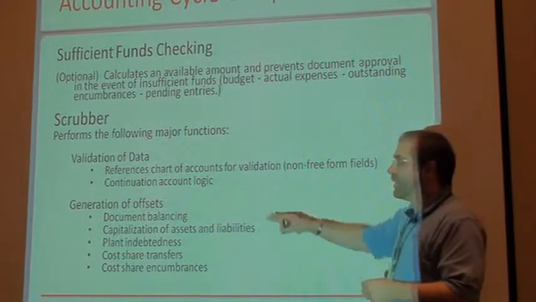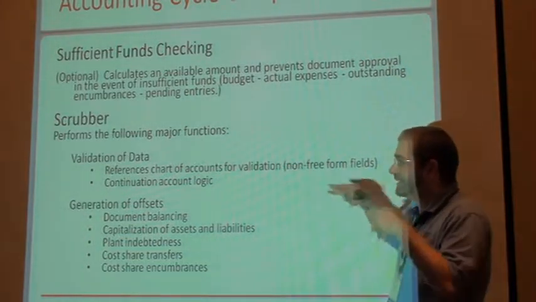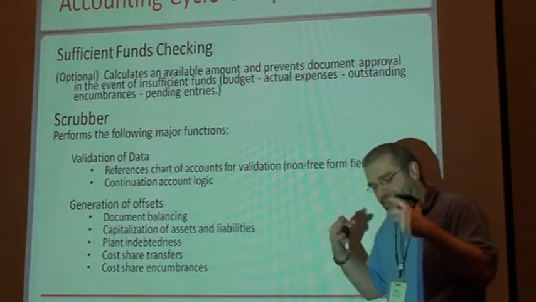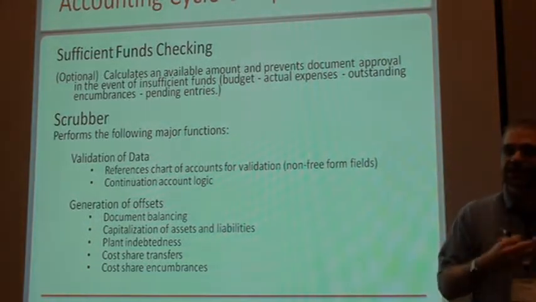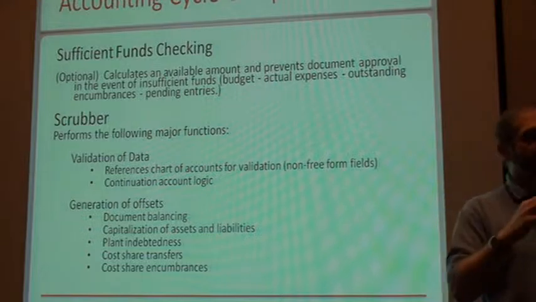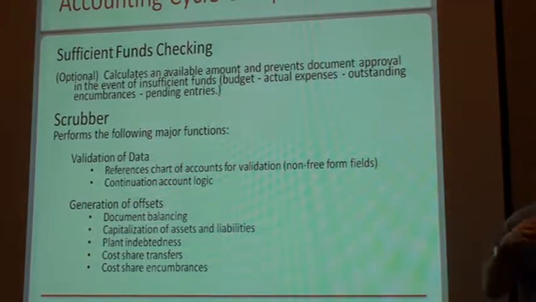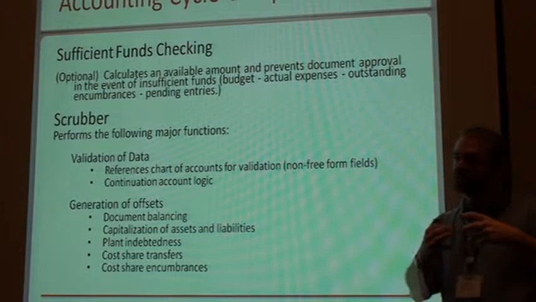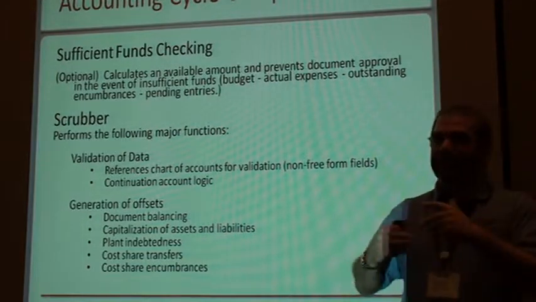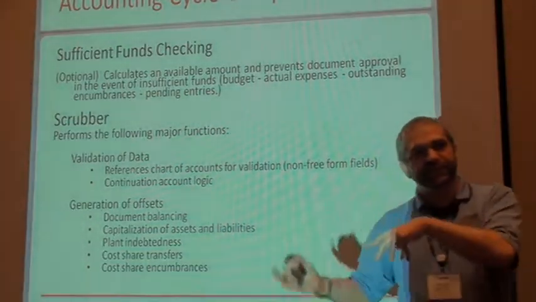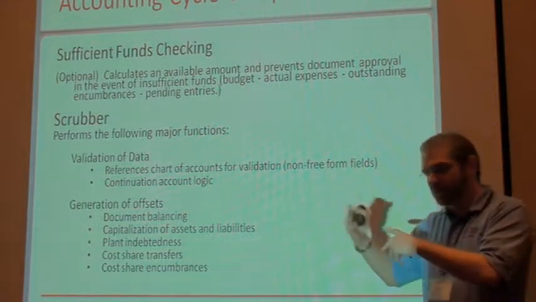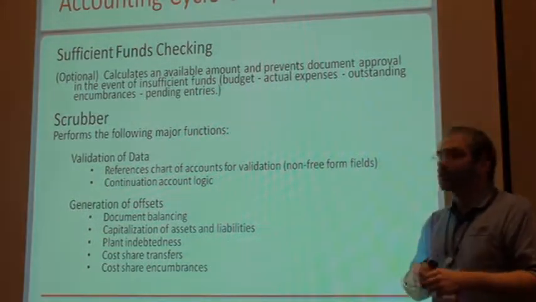So the scrubber's primary responsibility up front is to look at every transaction that's coming in and to check these non-free-form fields. If the field corresponds to a table in your chart data, the scrubber looks at it and says, yep, that's a valid chart, yep, that's a valid account, yep, that's a valid sub-account, object code, sub-object code, on down the line, and looks for errors.